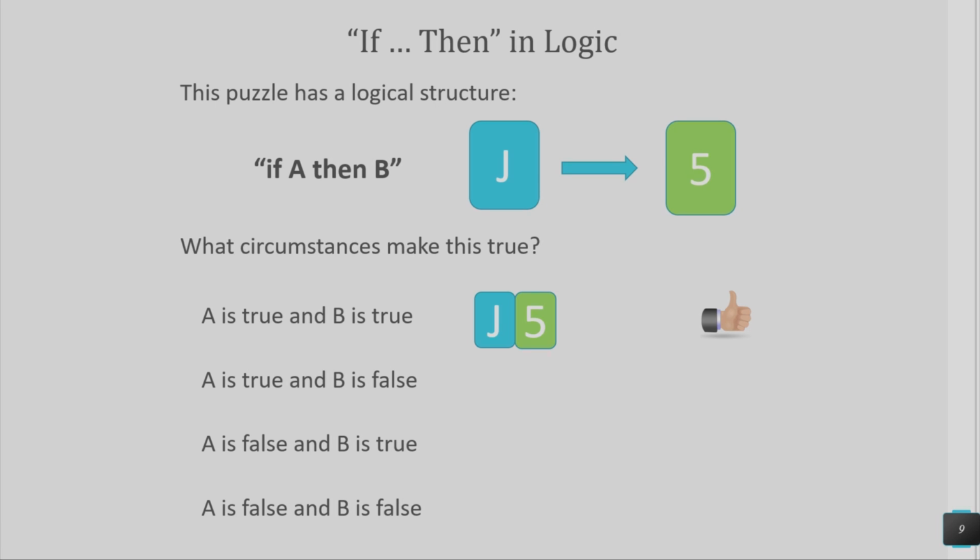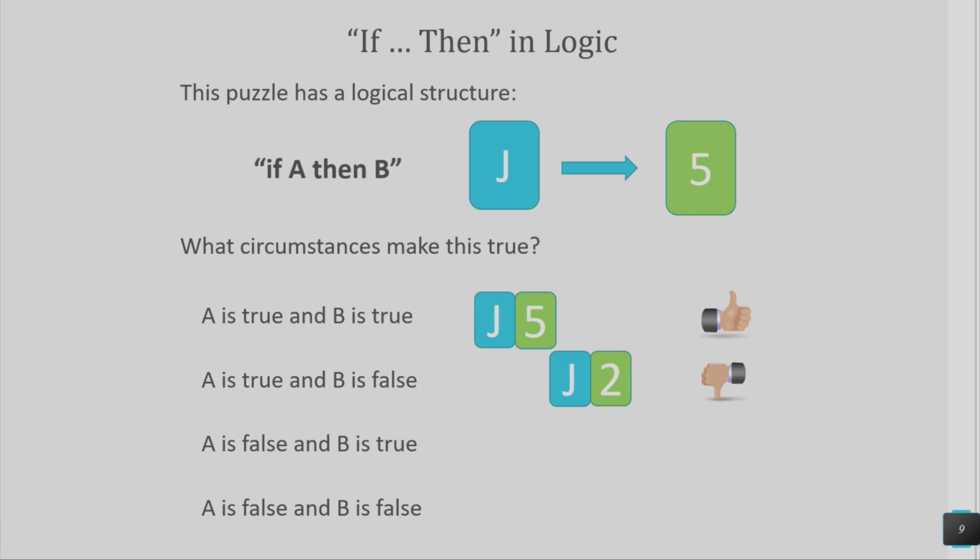So first of all, if there is a card and you see a J on it and there is a 5 on the other side, that's totally fine. In this case, having a J on one side is true, having the 5 on the other side is true, and indeed the statement, if it has a J, then it has a 5, holds for that card.